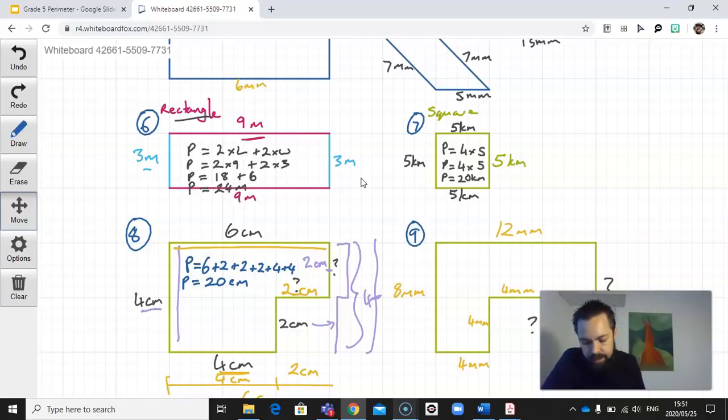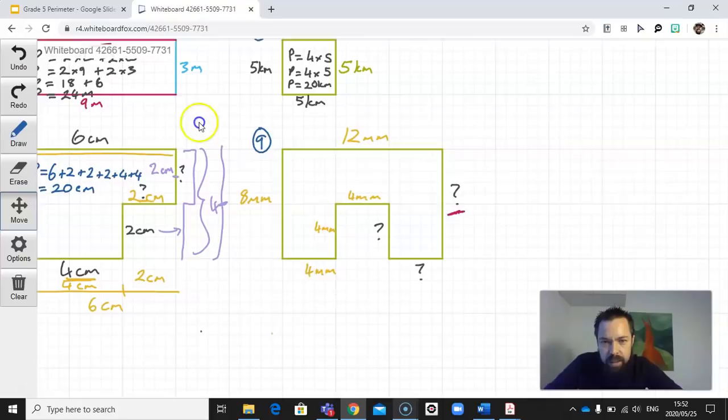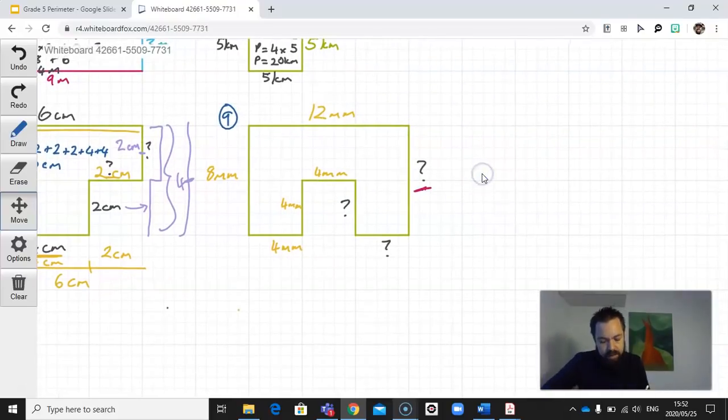Okay, now we've got one more to do. Number 9. So this time we've got 3 missing sides. Well, let's see what we can figure out. Okay, first off, let me just move it so my picture's not in the way. This one has got to be fairly easy to see. The length opposite it is 8 millimeters.